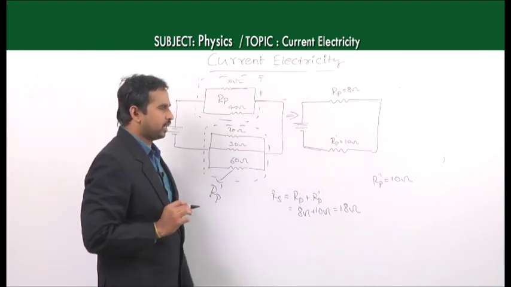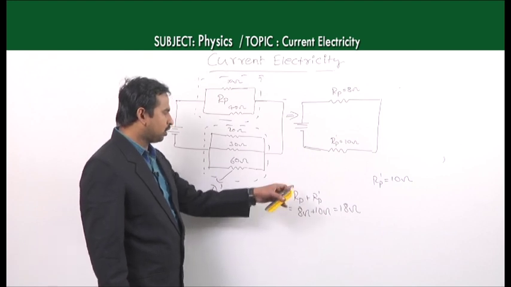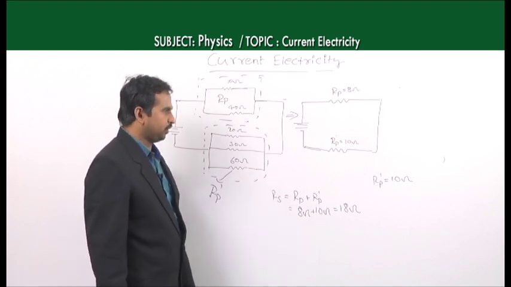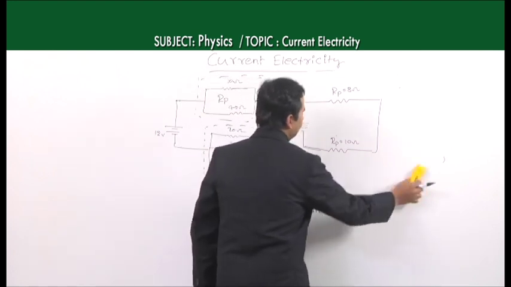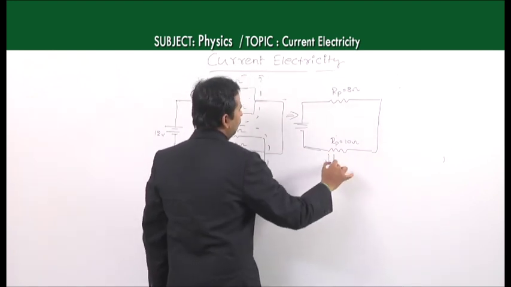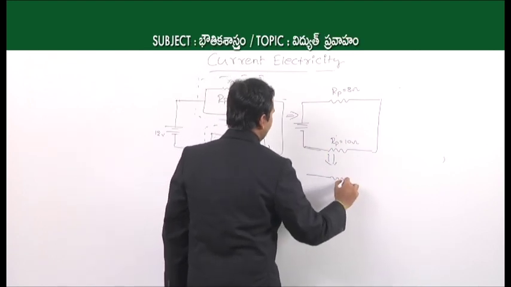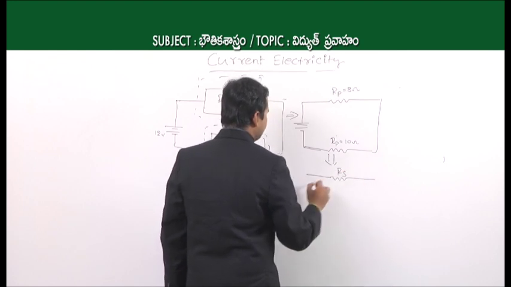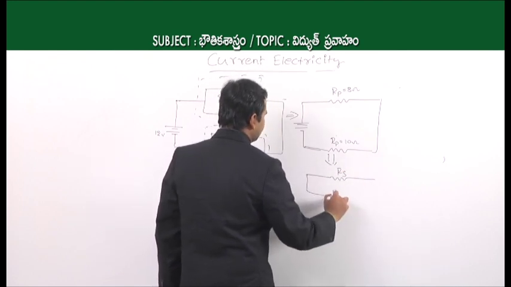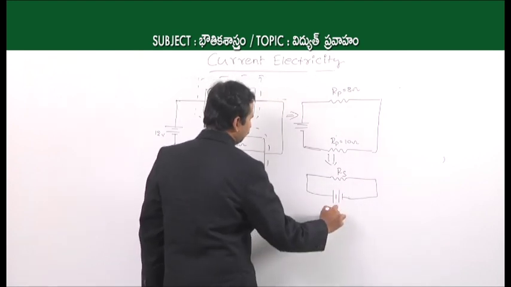Then Rs is equal to Rp plus Rp dash, so the circuit changes again, taking all as one resistance Rs, with only the battery connected, which is 12 volts.